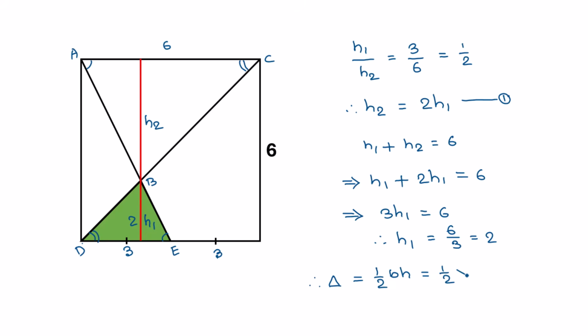Half times base of this triangle, 3 units, and height of this triangle is 2 units, is equal to this 2 and this 2 will cancel out and it will be 3. And this is the area of this green triangle, and this is the solution of our given problem.